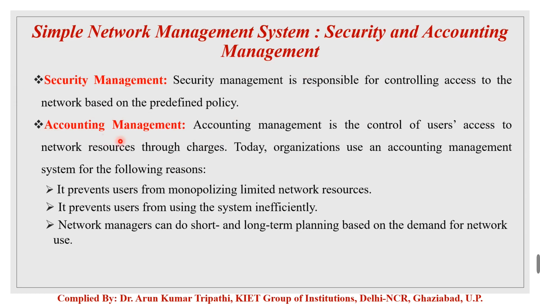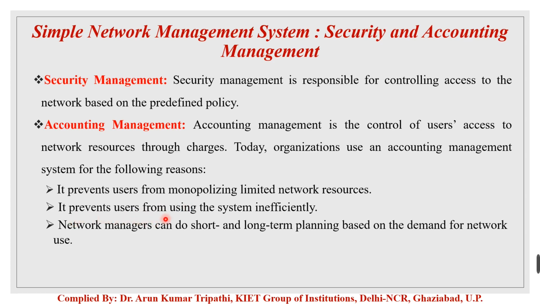Last one is the accounting management. The accounting management controls user access to the network resources through charges. The organization uses the accounting management system for the following reasons. It prevents users from monopolizing limited network resources, means only a single person using all the resources or bandwidth.